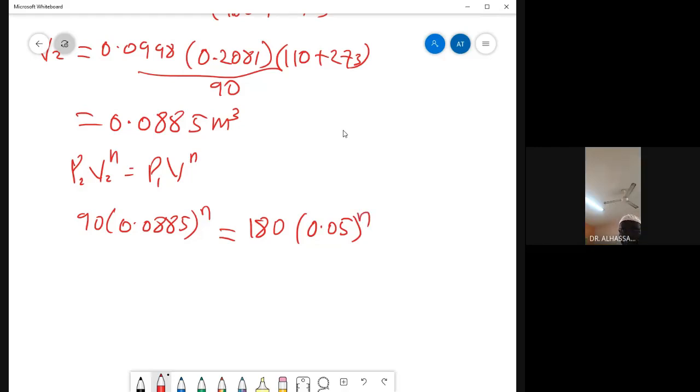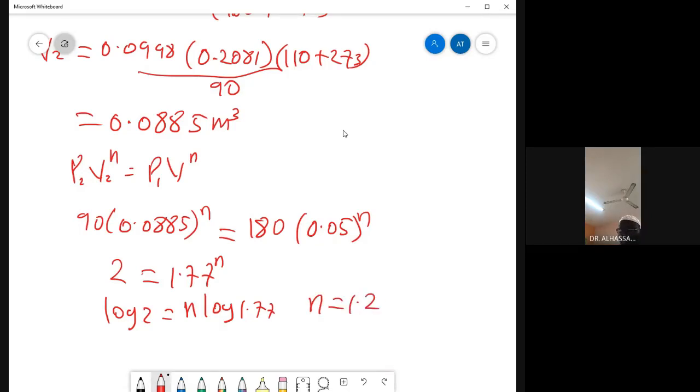If you take the log on both sides, then you have 2 equals 1.77 raised to the power n. So log 2 equals n log 1.77, which means n equals 1.214.